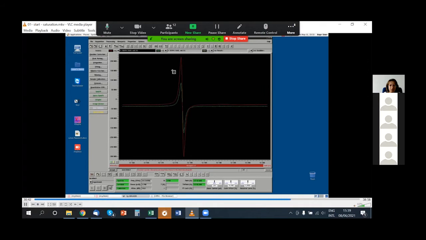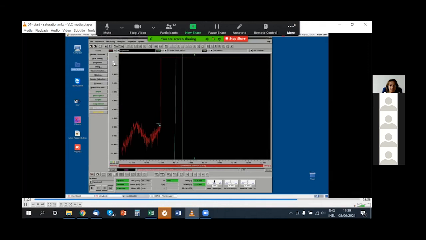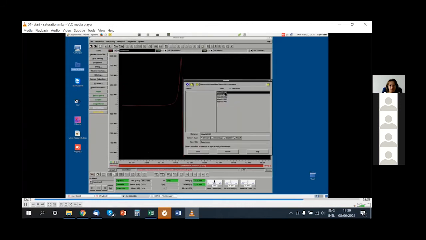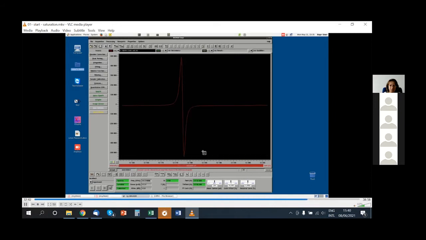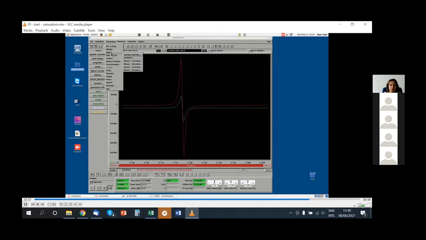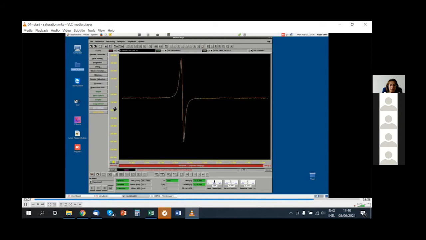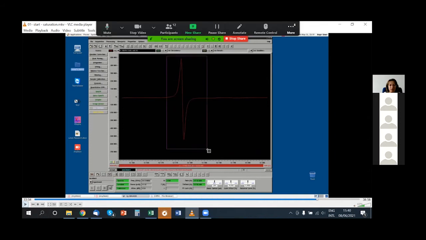And again, comparing with the previous one. You see, I'm doing a calculation on the previous line, and I have to superimpose on the new one, and everything is still okay with the power, and I can do, let's say, reliable experiments now at this power.